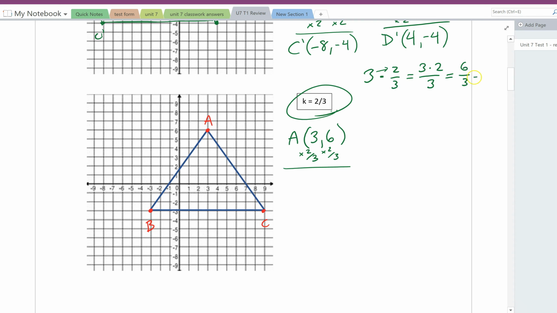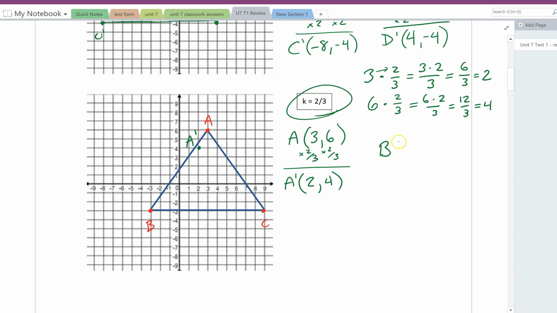So now I have 6/3. 6 divided by 3 is just 2. So for A prime, my x value is 2. Now I'm going to do the same thing with 6, right? The y value of A. So A prime is going to be at 2, 4, which is right here.